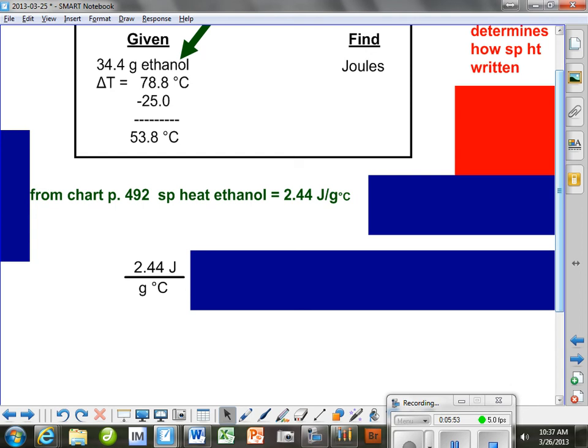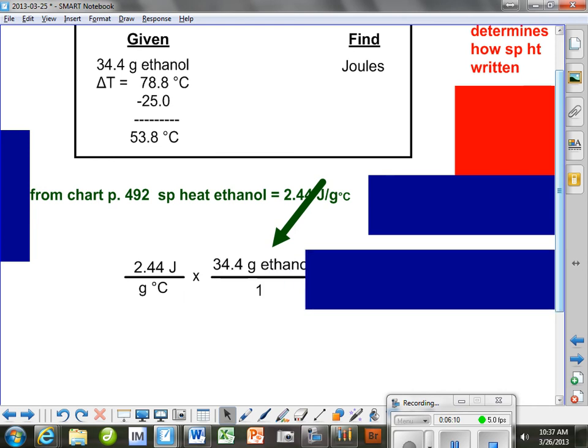So, the bottom is going to be 1. Remember in a lot of our fractions we were writing a given quantity over 1. That's what we're going to do here. So what would my next fraction look like? 34.4 grams of ethanol over 1. All right? Folks, you need to write all of this.